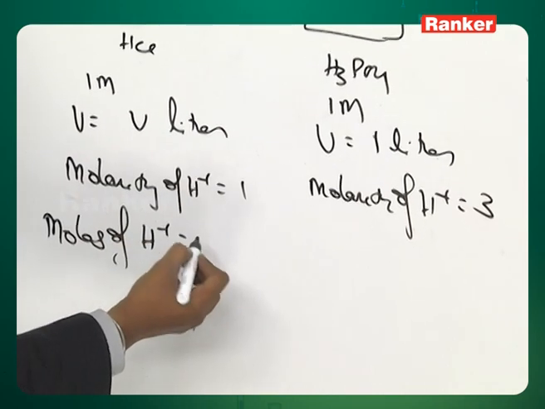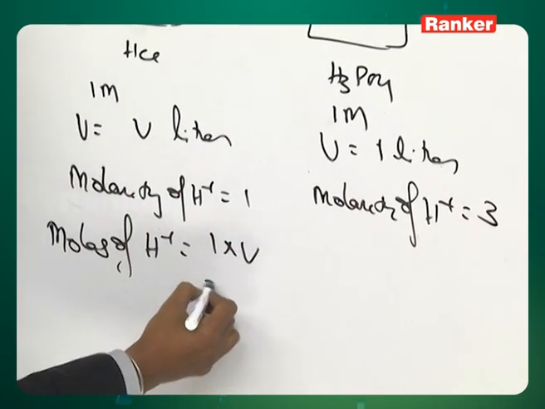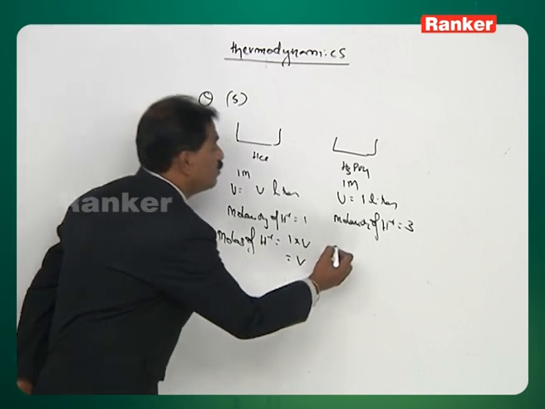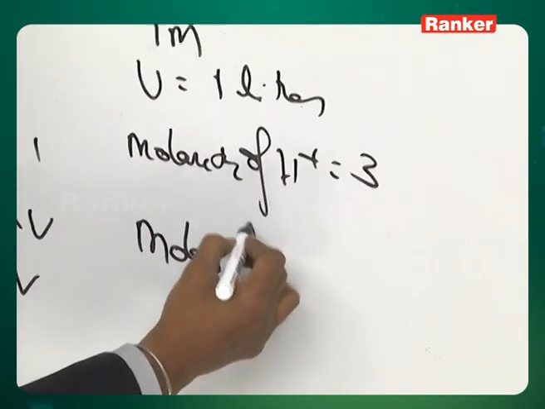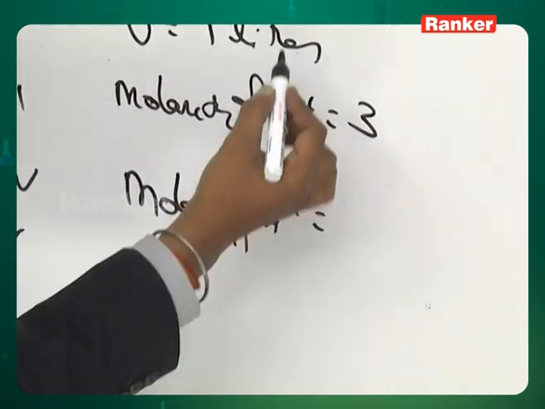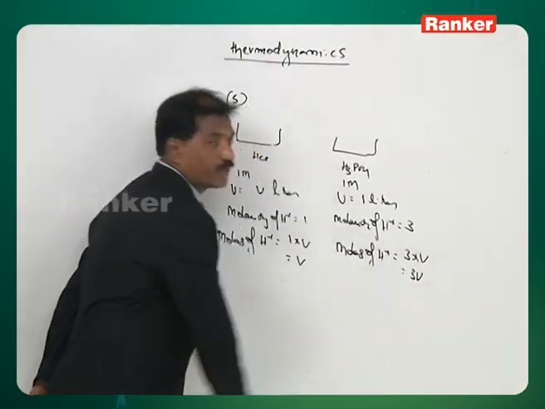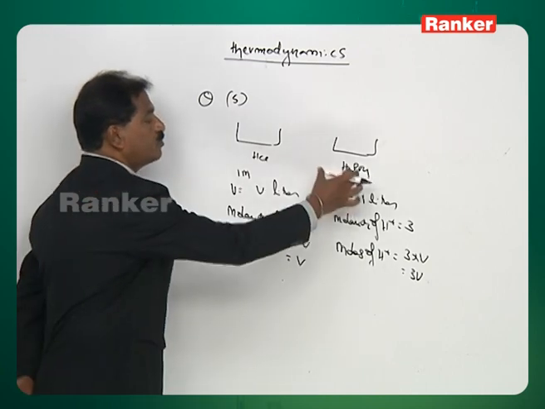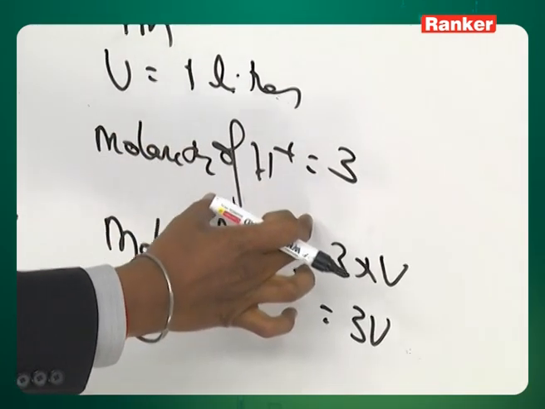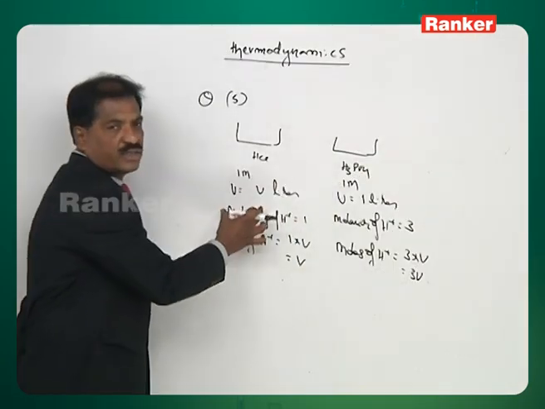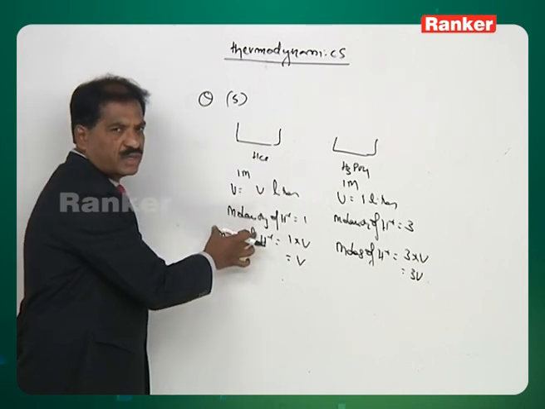Moles of H plus is 1 into V. Here it is 3 into V, so 3V. So in the H3PO4 solution, the total moles of H plus ions are 3 times greater than the moles of H plus ions present in the HCl.